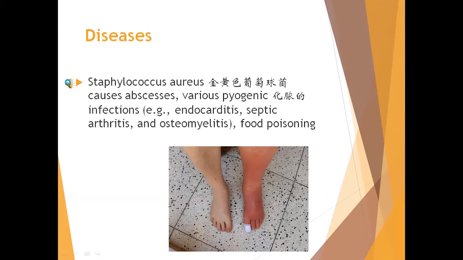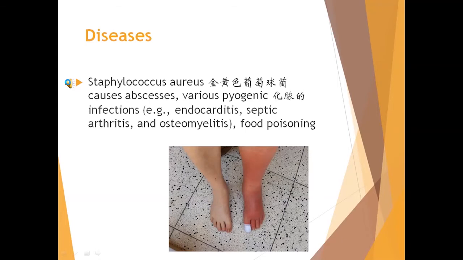Staphylococcus is a gram positive bacterium. In this category, we still have different kinds of bacteria.